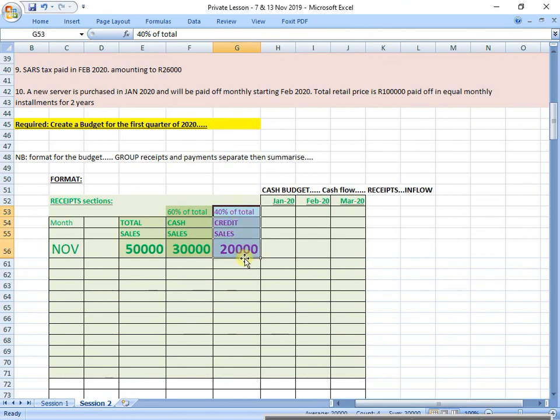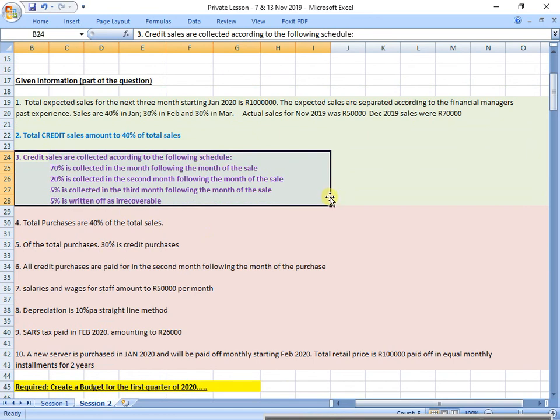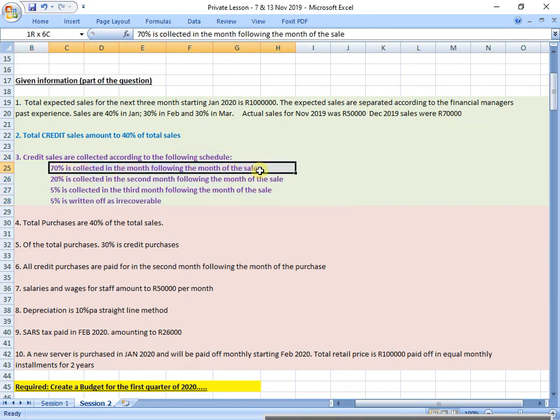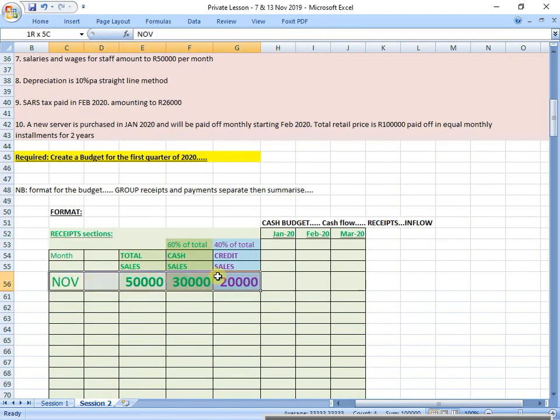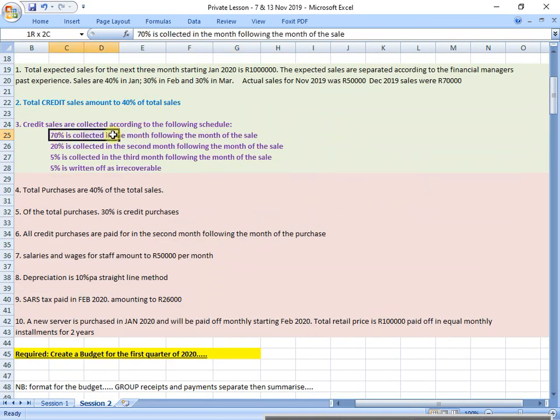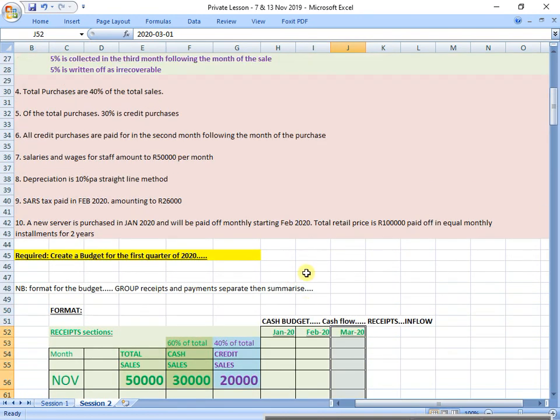According to the information we've been given, when do I start collecting this credit sale? 70% in the month following the month of the sale. What month would that be? December. Do you agree? So if I sell on credit in November, I'm going to collect in December. How much am I going to collect? 70%. Is December part of our budget? No, because I'm looking at January, February, and March. So I don't need it.